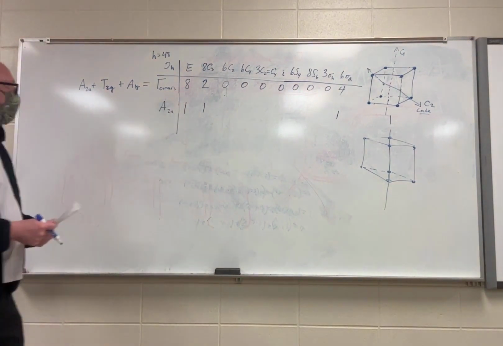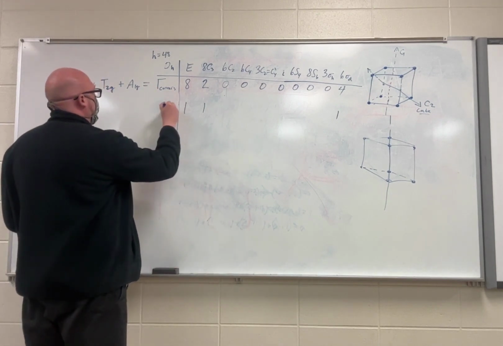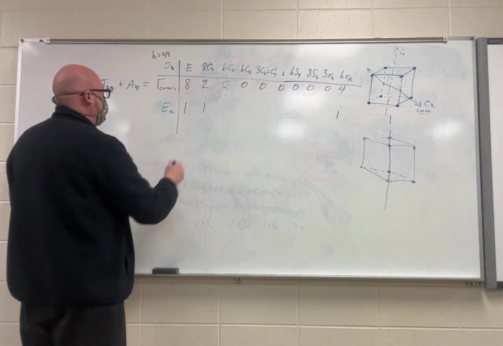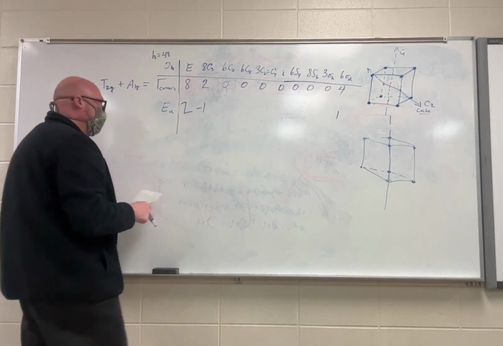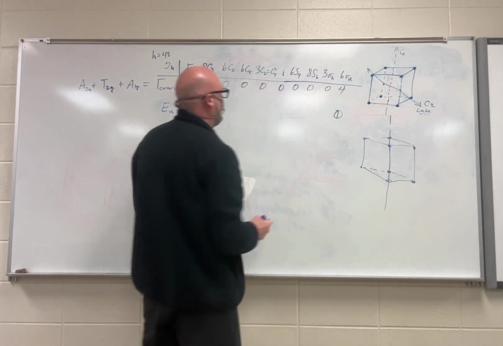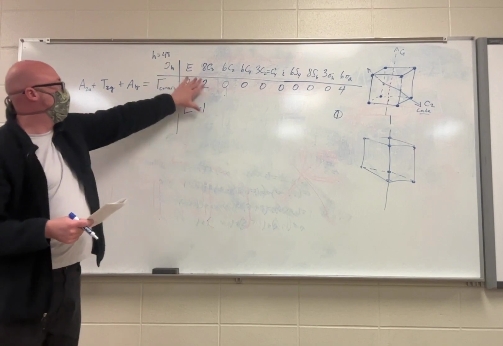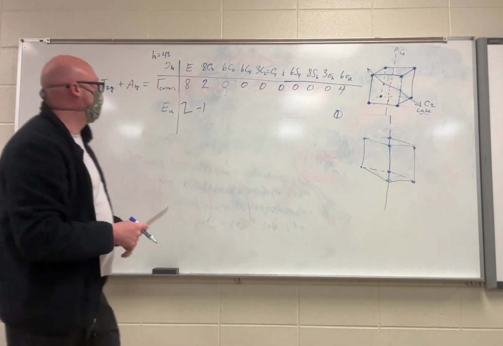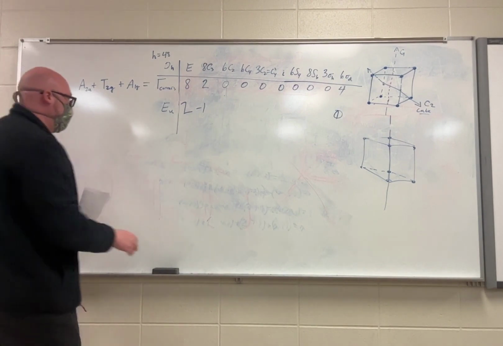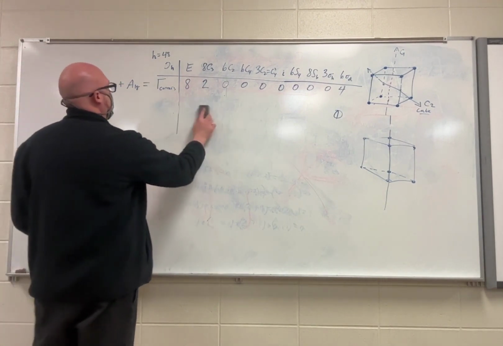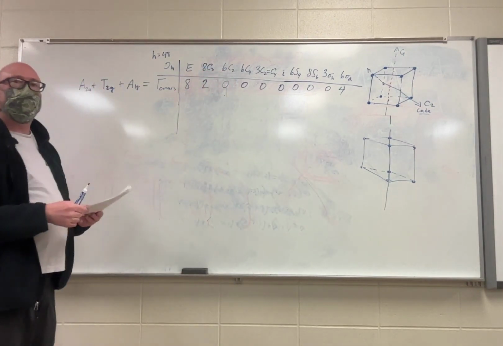So we're getting there. If we go to EU, the characters are 2, minus 1, and then 0 over here. So that gets you 16 minus 16, 0. So there are no EUs. So that means there has to be one of the TU representations in here. Is it T1U or T2U?